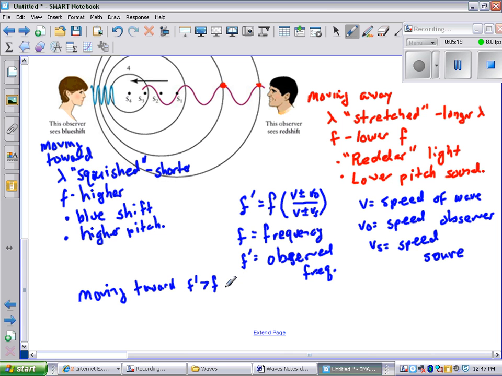So in that case, if I want f prime to be bigger, this fraction has to be bigger than 1. So I would have plus VO, because making the top bigger would make it bigger than 1, and Vs would be minus. Because if I want to make this fraction bigger than 1, I have to have a smaller number on the bottom. And then the opposite is true if you're moving away.